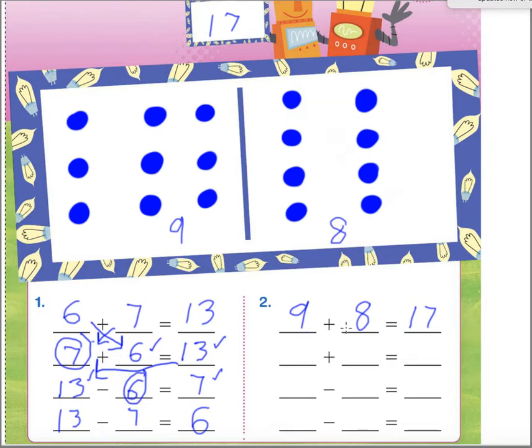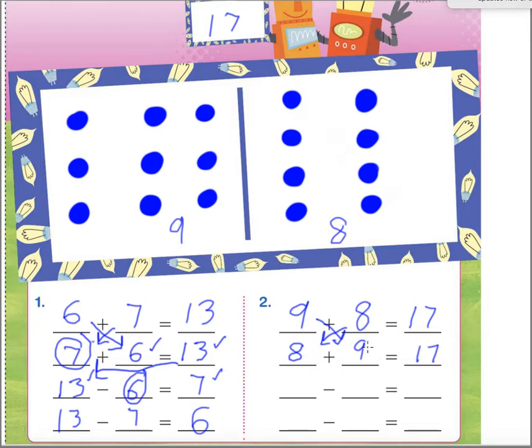Well, we can just crisscross them, right? Crisscross them, because when we add, the order doesn't matter. We can put them in either order and we will get the same answer. So 9 plus 8 equals 17. So that means that 8 plus 9 equals 17. See, nothing crazy. And now let's make some subtraction facts.